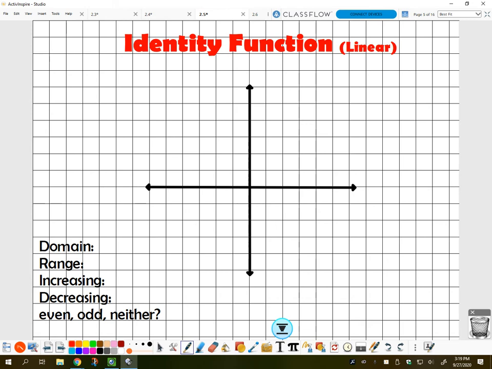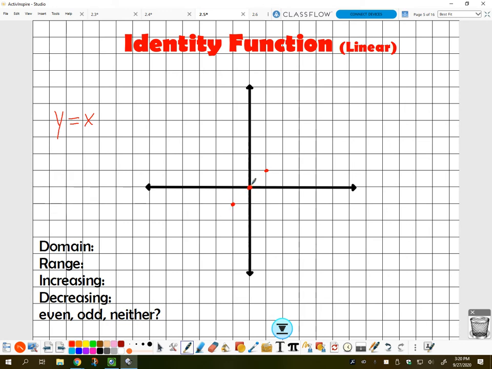All right, identity or linear function, y equals x. To keep this video from being too long, I'm going to go fast through these, so at any time you need to pause, just pause. It's important that you know specific points for all of these, so I'm going to put a couple of specifics on here, so make sure you know where I'm putting those.